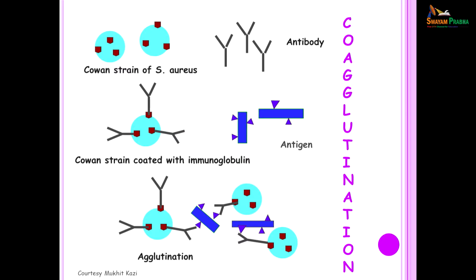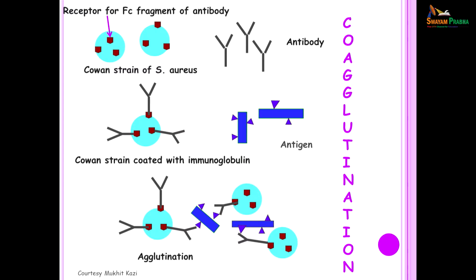Co-agglutination is another form of reverse passive agglutination. Here we use a Co-1 strain of Staph aureus. Now, the peculiarity of the Co-1 strain of Staph aureus is that it has a receptor for the Fc fragment of antibodies.